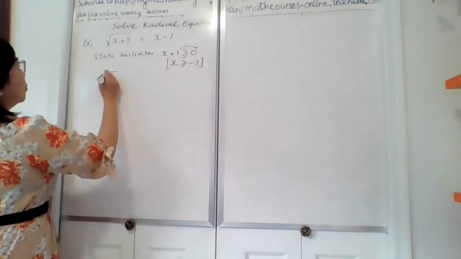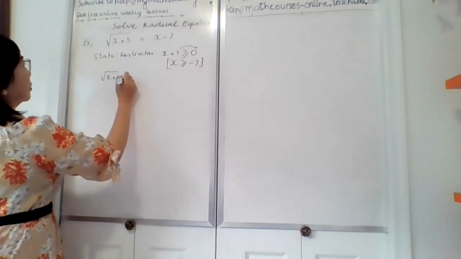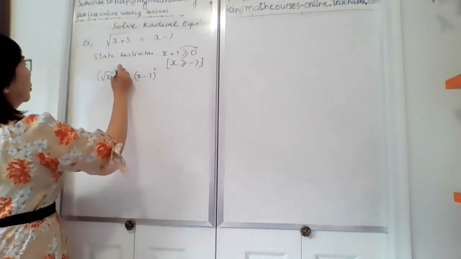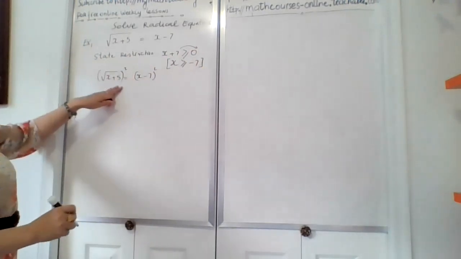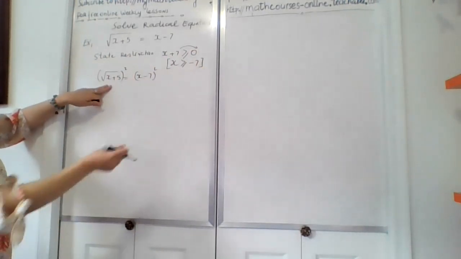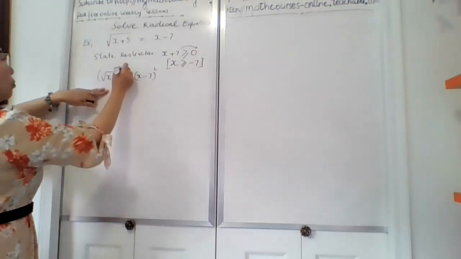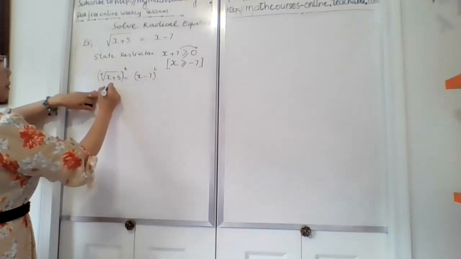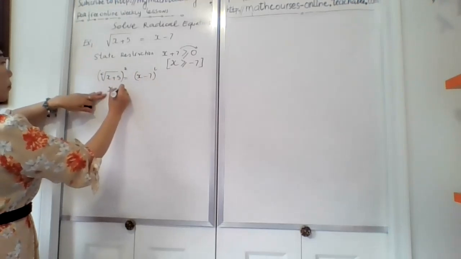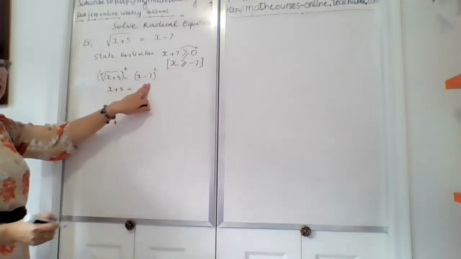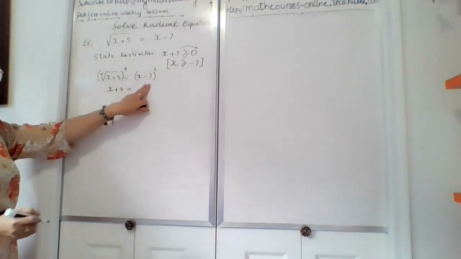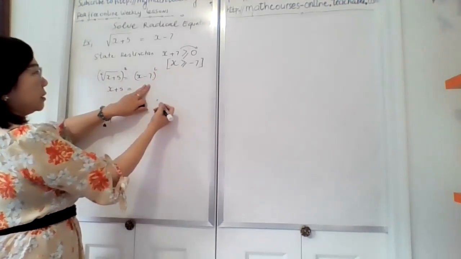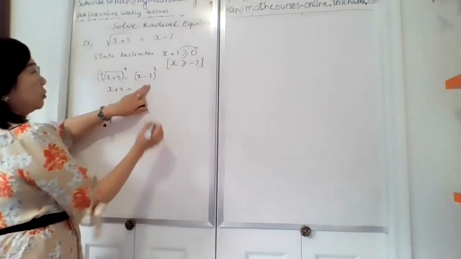The reason we square both sides is to remove the radical sign, right? So the power here will cancel out with the root here, and this expression comes out nicely. Unfortunately, we create a new algebraic expression, x minus 7 multiplied with x minus 7, because we have power 2 here.